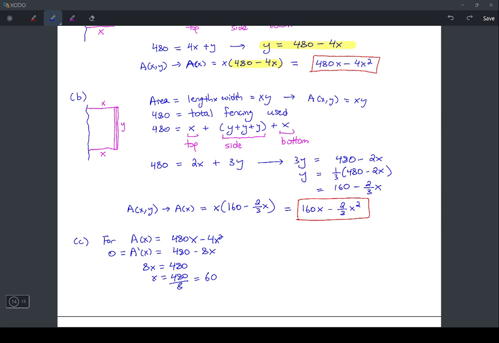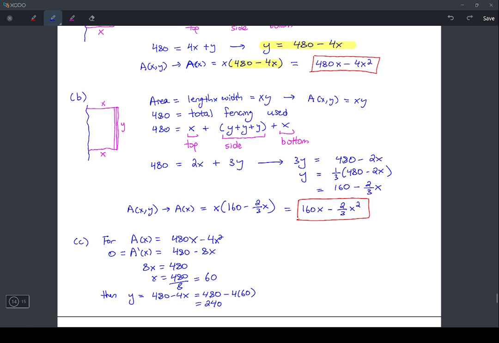And we can find y. y is 480 minus 4x. So 480 minus 4 times 60, we get 240.